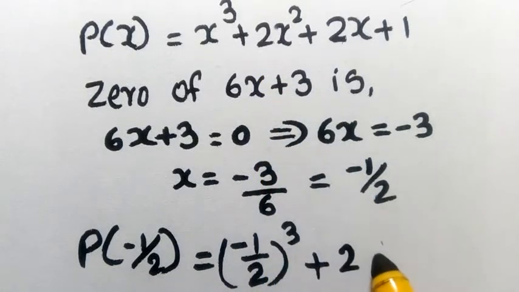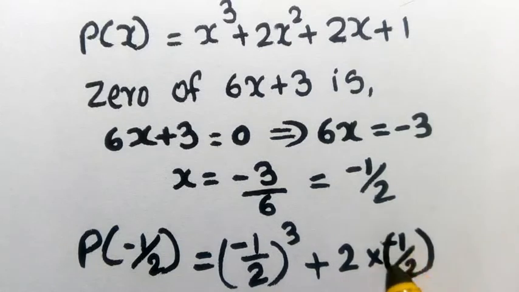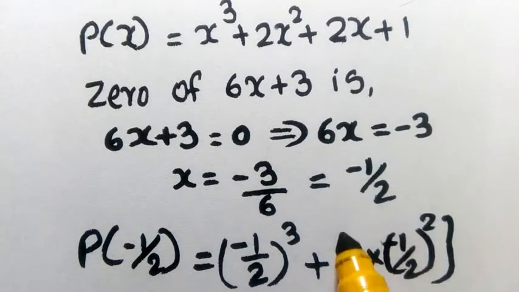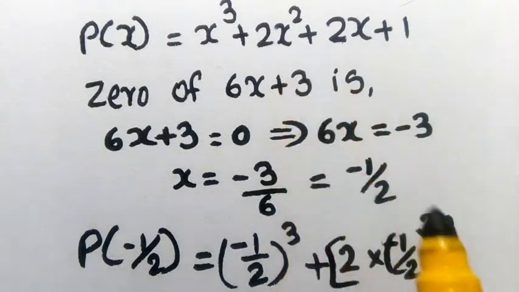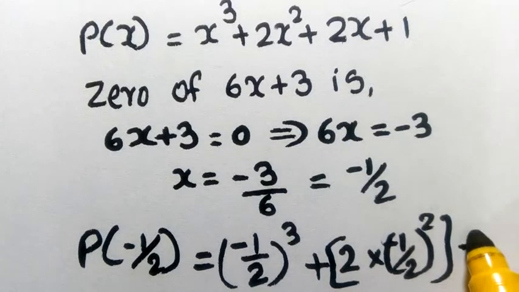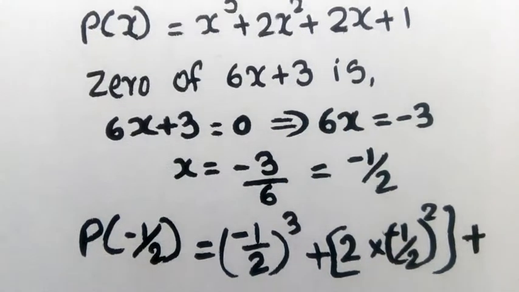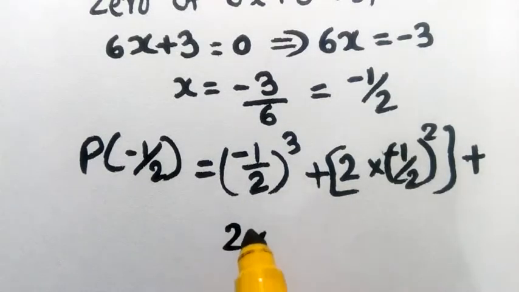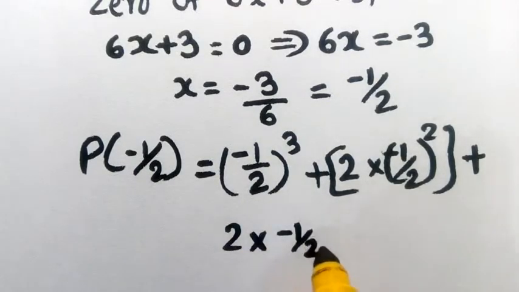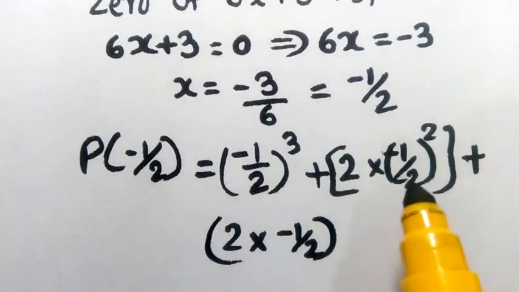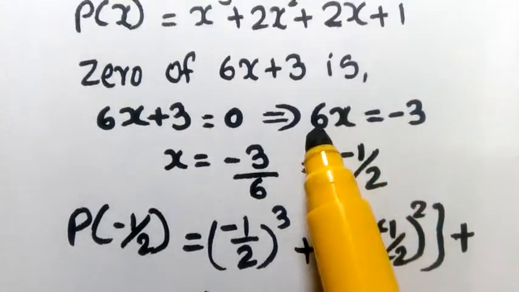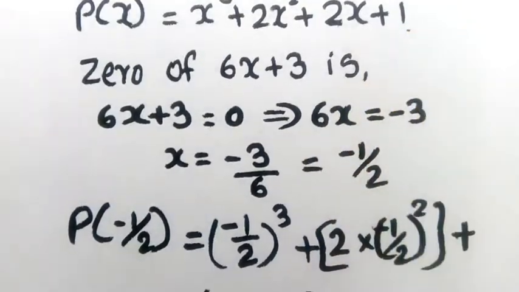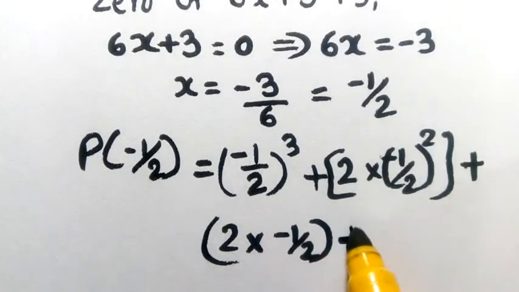So 2 into minus 1 by 2 whole square plus 2x. So plus 2x means 2 into x. So 2 into x is minus 1 by 2. Then plus 1. Now we need to solve it.